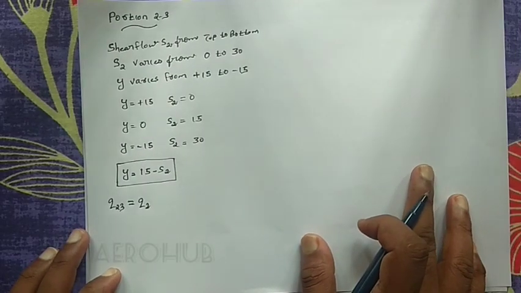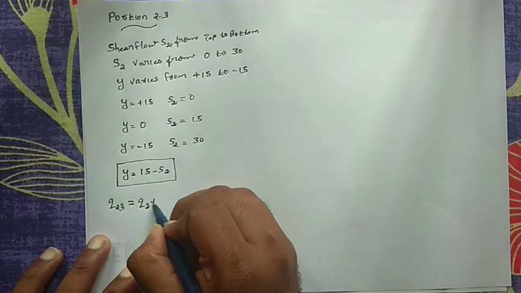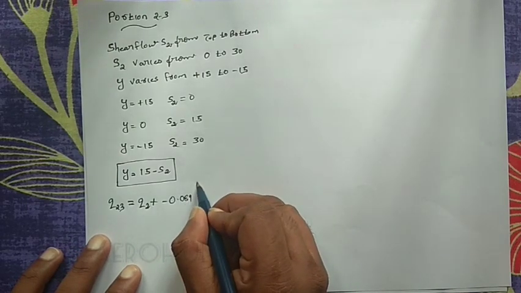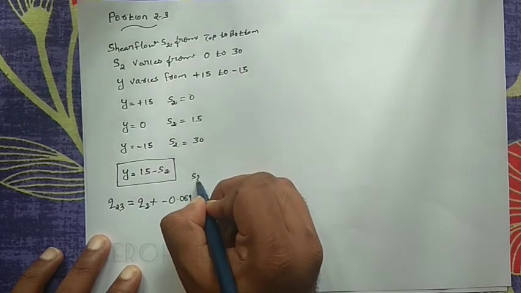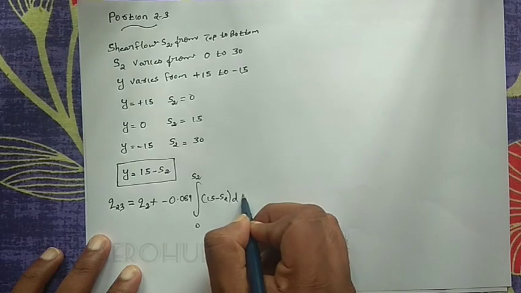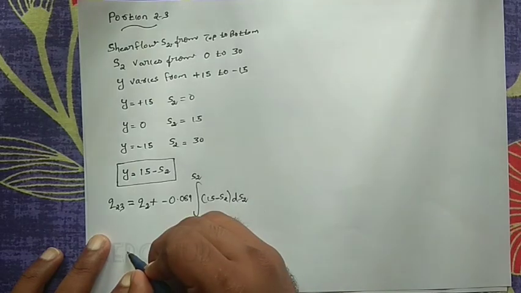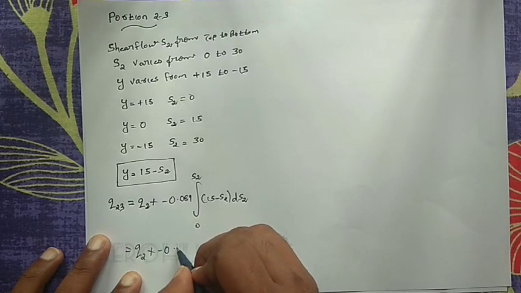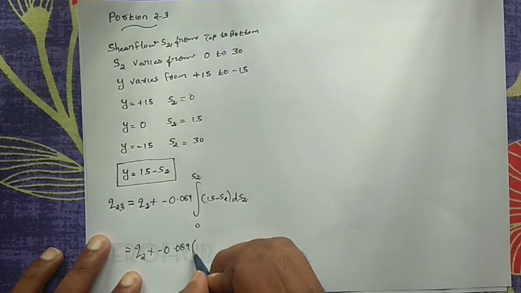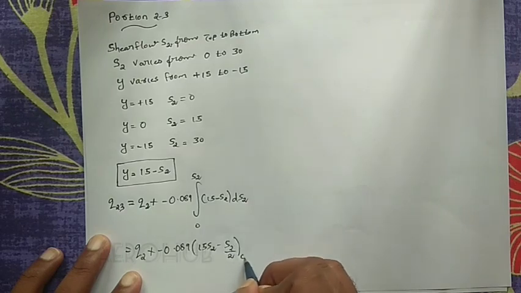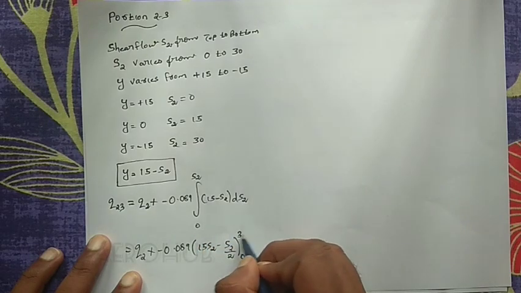So Q2, 3 is equal to Q2 plus minus 0.089 integral of (15 minus S2) ds2. This is the shear flow equation. So Q2 plus minus 0.089 will be 15 S2 minus S2 square by 2. This varies from 0 to 30.